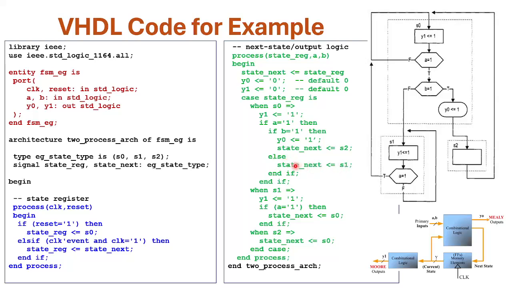Otherwise, state next gets assigned to S1, which captures this output of the box S0 going to S1.